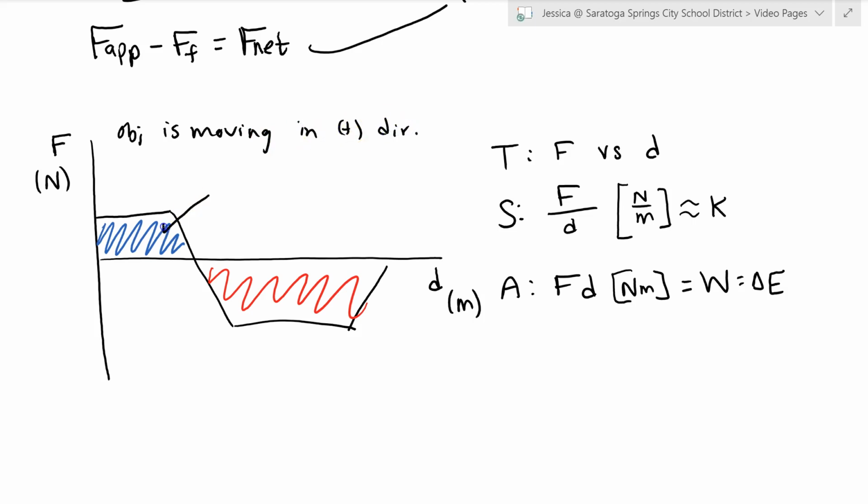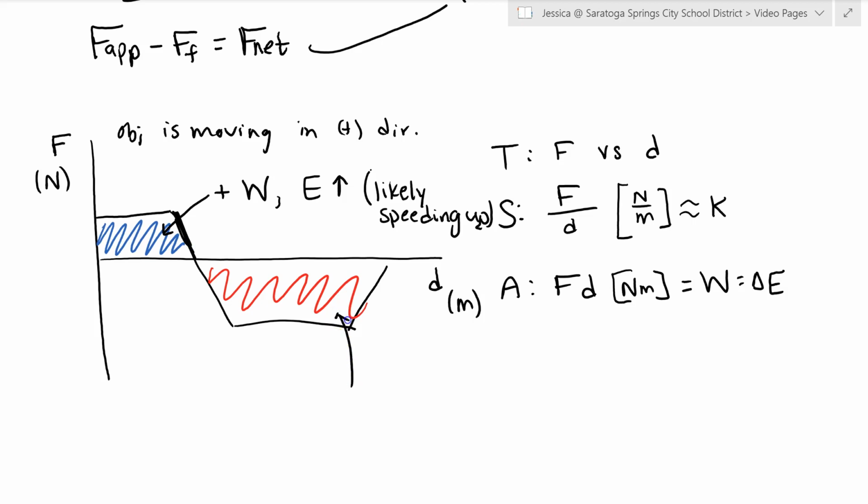So this whole area here is going to represent positive work, which means our energy is increasing. So during this time, the object is likely speeding up. Even when the force is decreasing in this section here, the object's still speeding up. We're still applying a force, just less force.